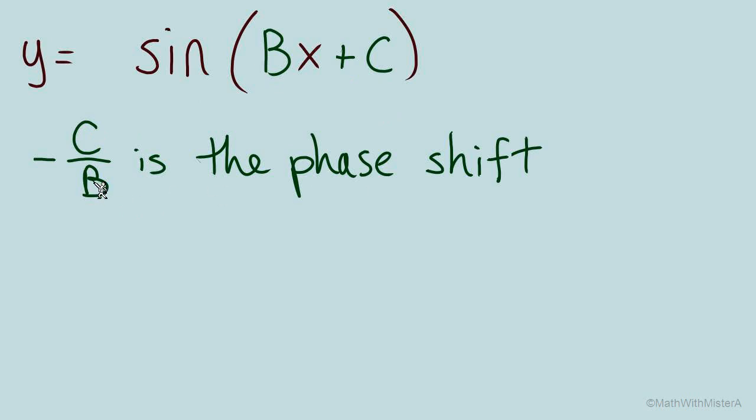And when it comes to phase shift, negative means shifting to the left. If this was minus c, then this expression, opposite of negative c over b, would become positive. And minus c we know is shifting to the right, so this expression will give us a positive number for phase shift. So we know when we see a positive phase shift, that's a shift to the right.